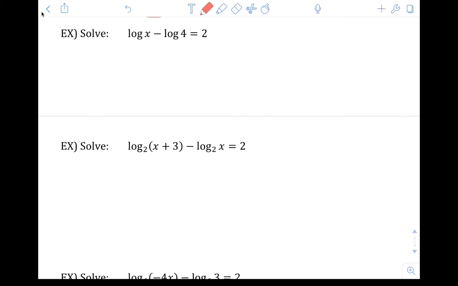So option 1, logs on opposite sides. You can drop. Option 2, 1 log, you can loop swoop.